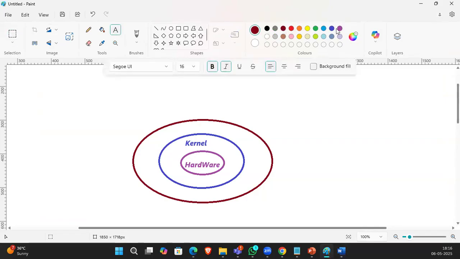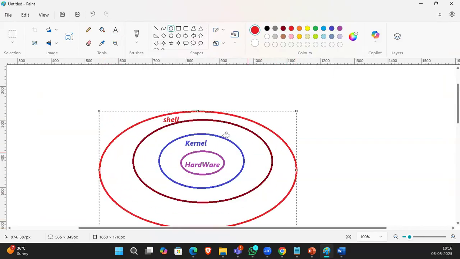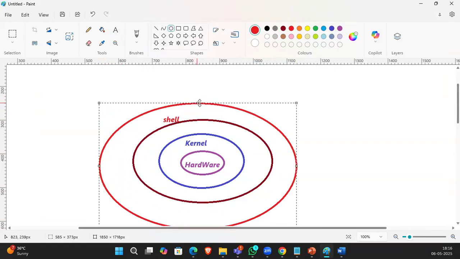We will write something here. Here is the shell. In the shell we are executing the commands. So where are we executing the commands?